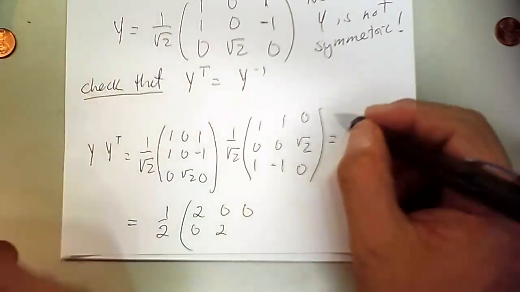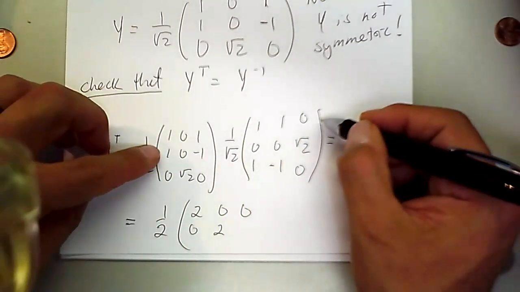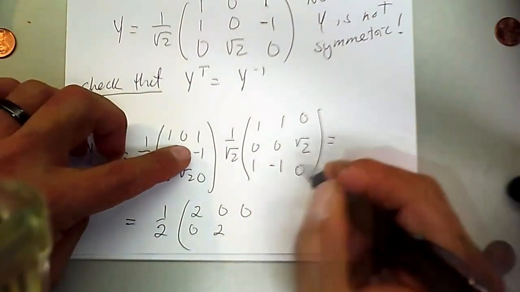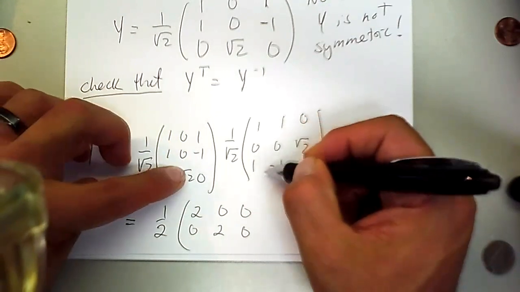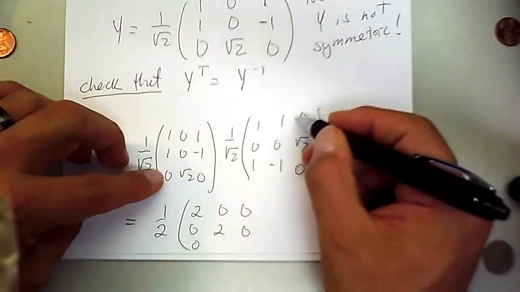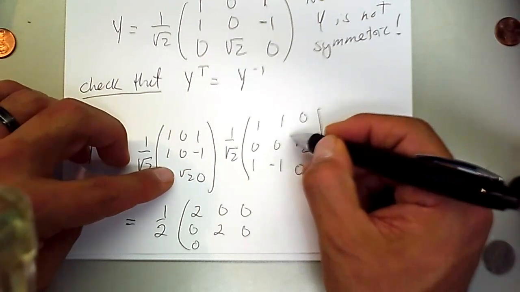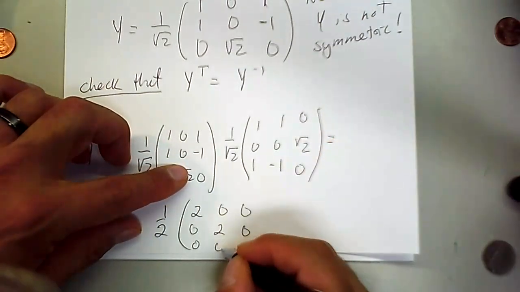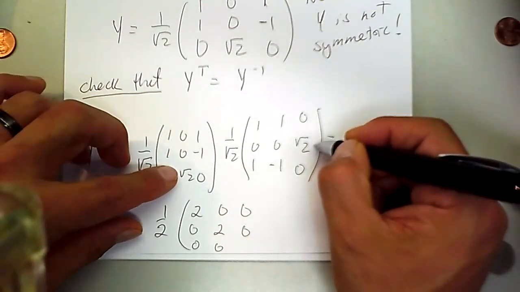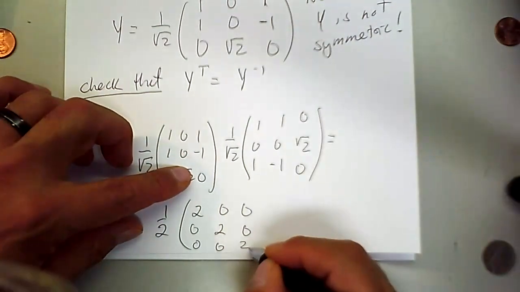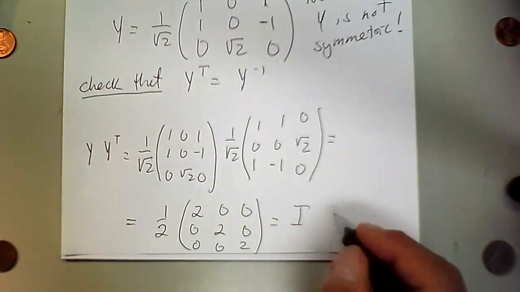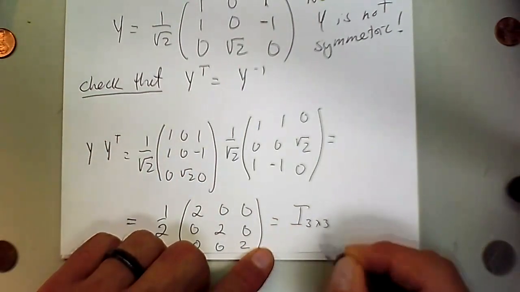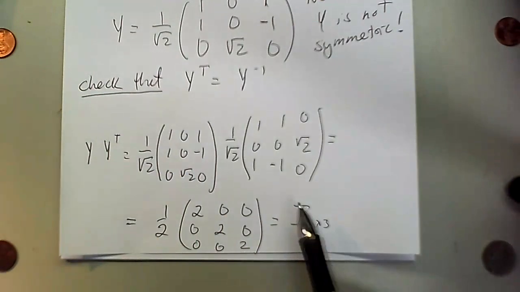Okay, that's good. 0, 0, 0, 0, 0, 0, 0, 0, 0, 2, 0. So sure enough, we got the identity, the 3 by 3 identity. Of course, you guys know it is 1, 0, 0, 0, 1, 0, 0, 0, 1.